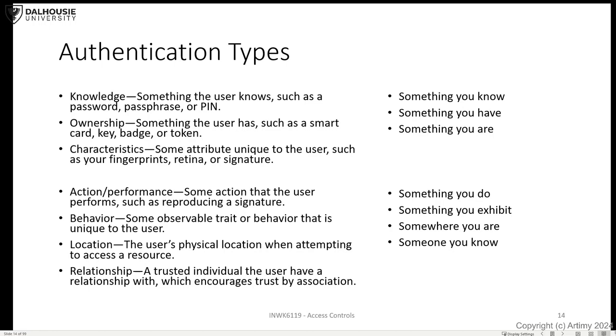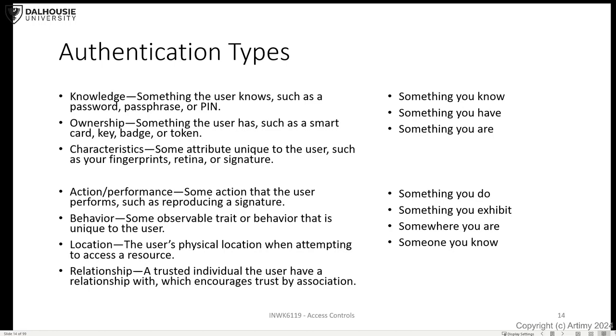Locations. Another authentication type is the actual physical location. If you are trying to open a door for a lab, for example, right, maybe the door can be opened remotely by sending a command to the lock from far away, right?